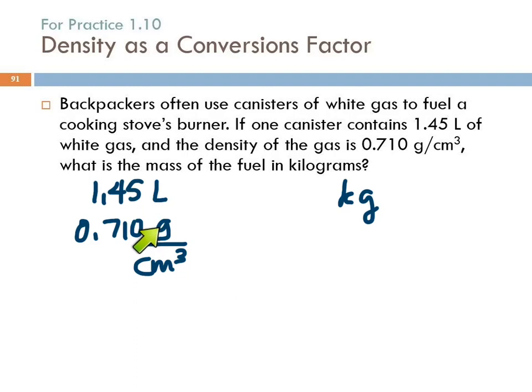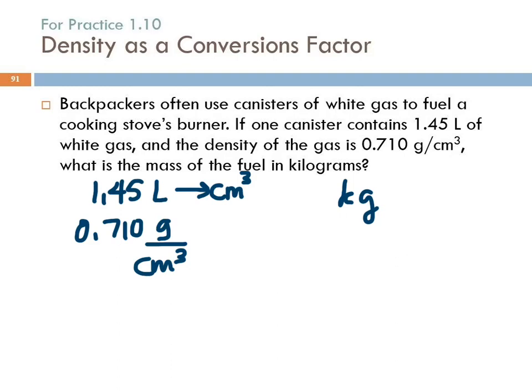Gram is a unit of mass, and kilogram is a unit of mass, right? So these two are related. Cubic centimeter is a unit of volume, and liter is a unit of volume. So could we get from liters to cubic centimeters? Yeah, we could.